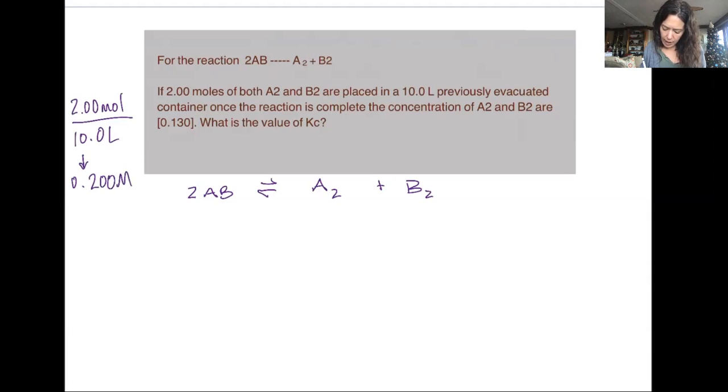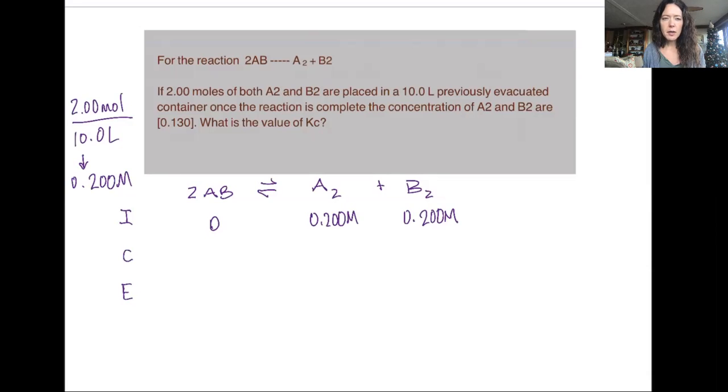And that's of A and B initially. So I, C, E, 0.200 molar, 0.200 molar, 0. This reaction will go in the reverse direction, okay, because we don't have any reactants. So I know I'm moving in the reverse direction.